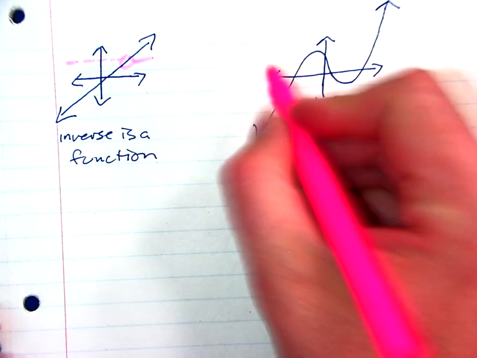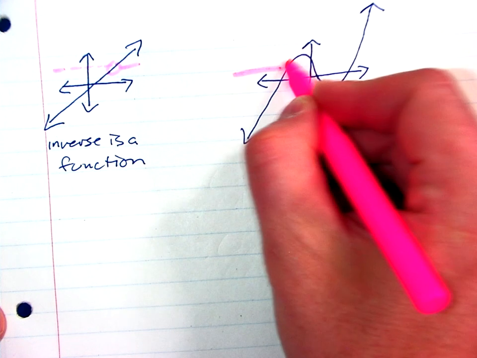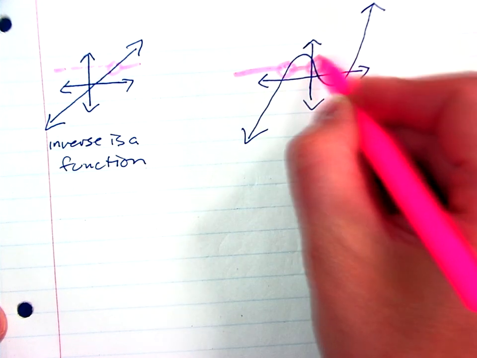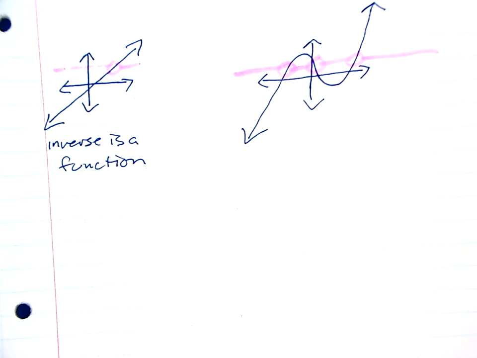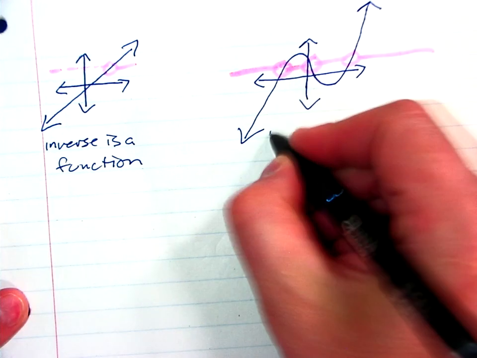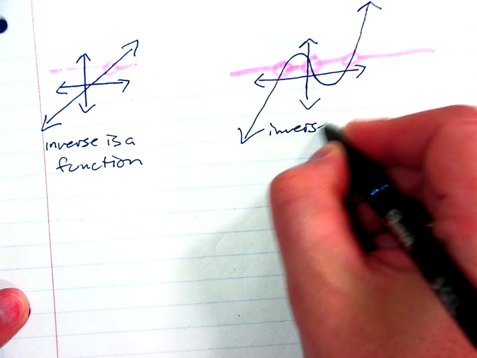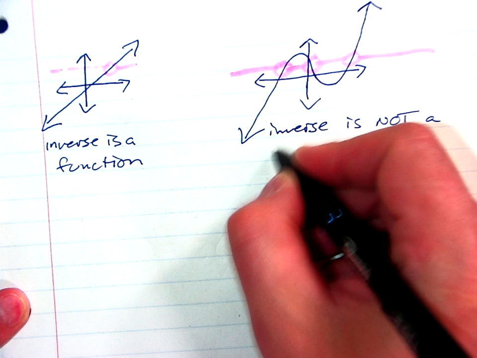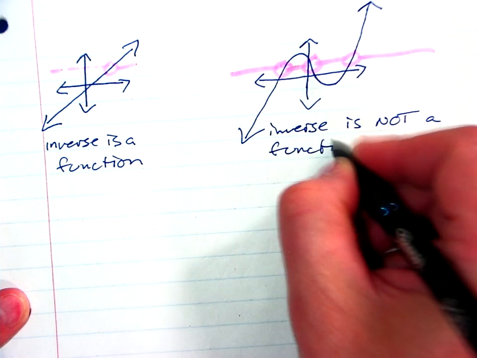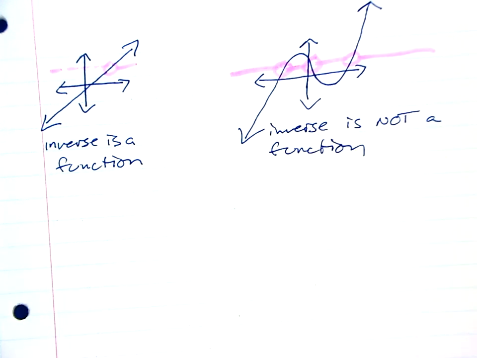But if I do a horizontal line test, it's going to cross there, there, and there. So is the inverse a function? Inverse is not a function, because it crosses more than once. Later on in the period when we get to graphing them, you'll find out why.